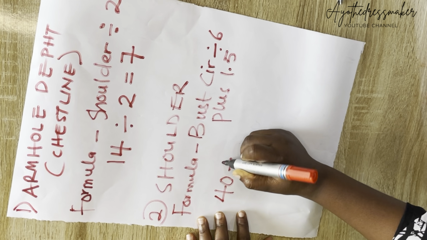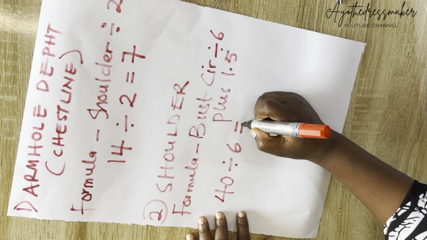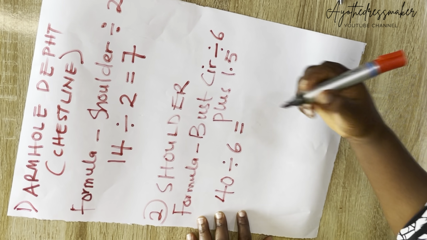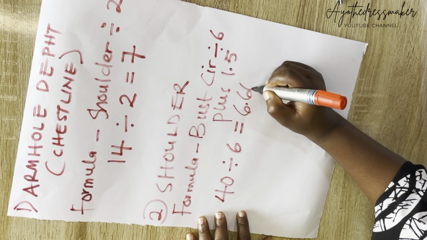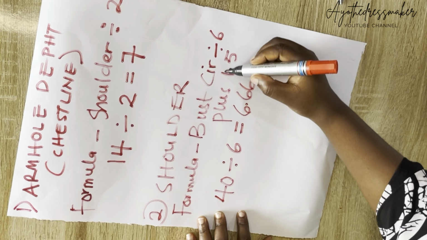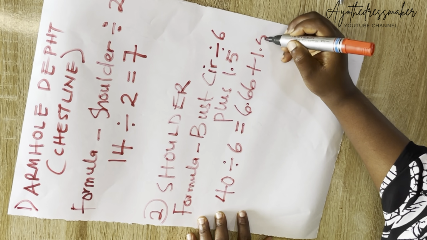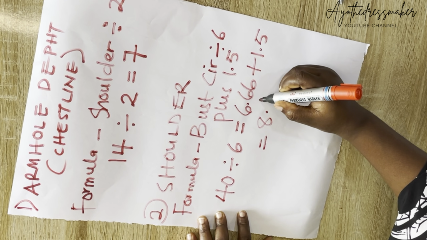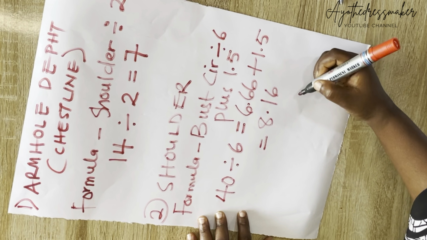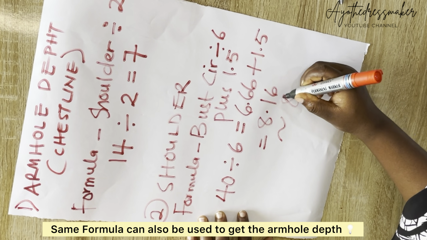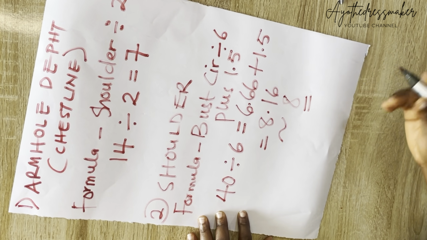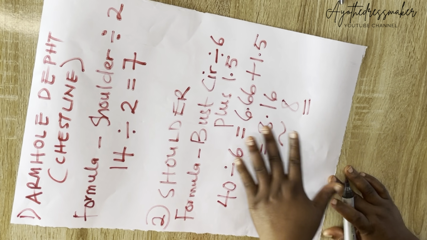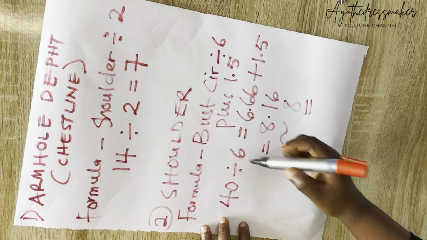The next thing to do is to divide it by 6, and that is going to give us around 6.66. We are going to add 1.5 inches to this value, and that is going to give us around 8.16, and that is approximately 8 inches. So for this person using a bust of 40 inches, our shoulder measurement is 8 inches.